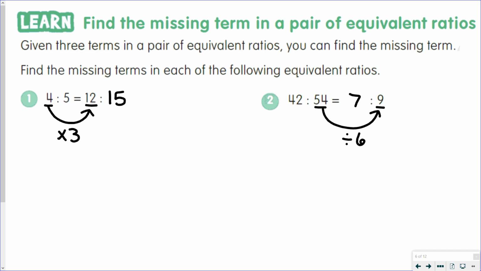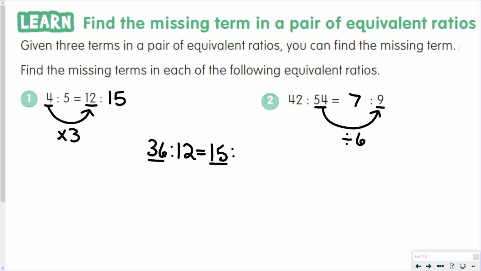Now there will be some situations, as described in this example, where we know that 36 goes to 15. However, there's nothing that we can multiply or divide by easily to get from 36 to 15. So in these situations, we have to look at that first ratio. And that first ratio that we have is 36 to 12. Well, 36 to 12 is not in simplest form.